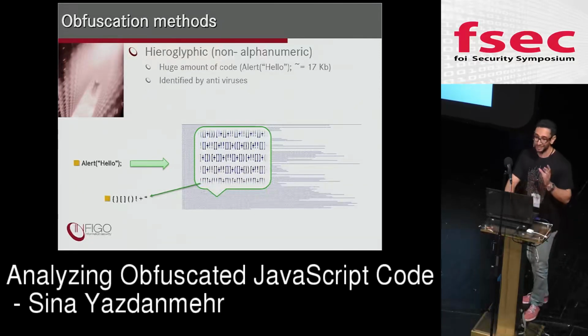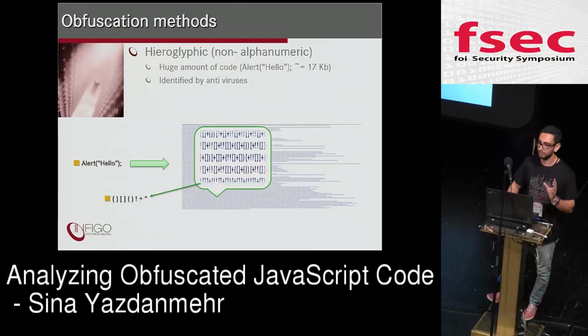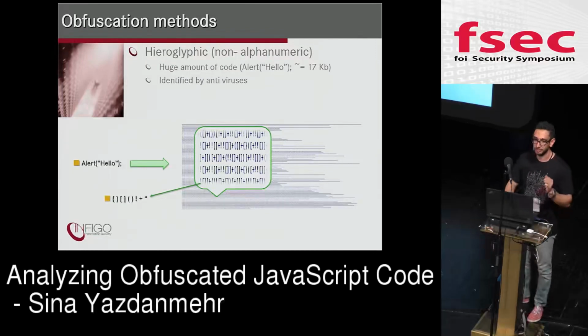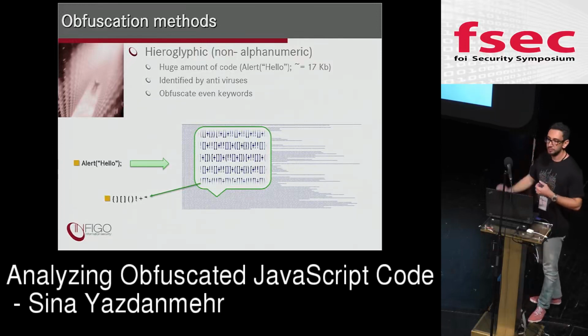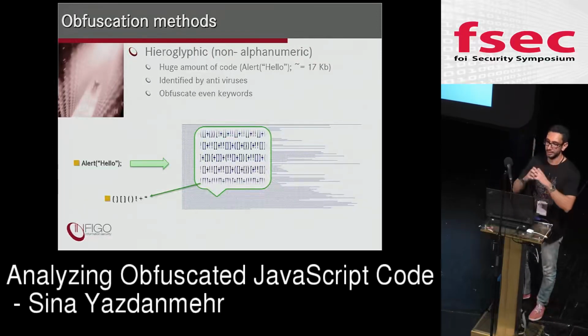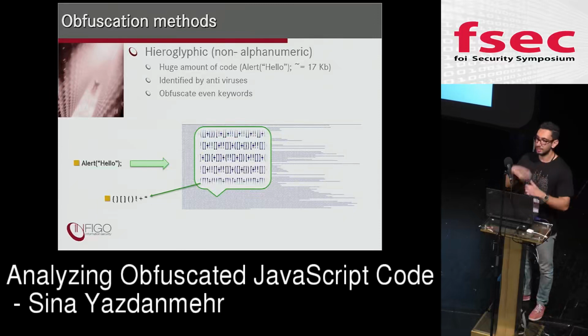On the other hand, since it's not normal and just uses punctuation codes, it's usually caught by antiviruses and causes them to raise an alert. But it has an advantage. You can even obfuscate keywords and put them inside an eval function and again obfuscate that eval function.